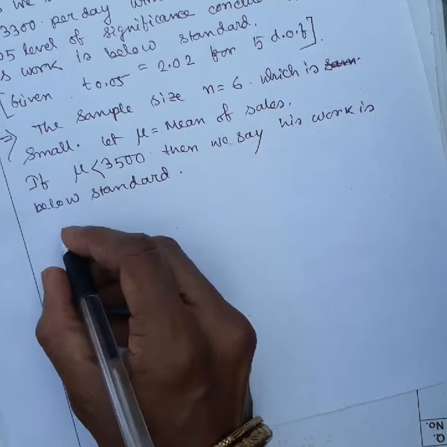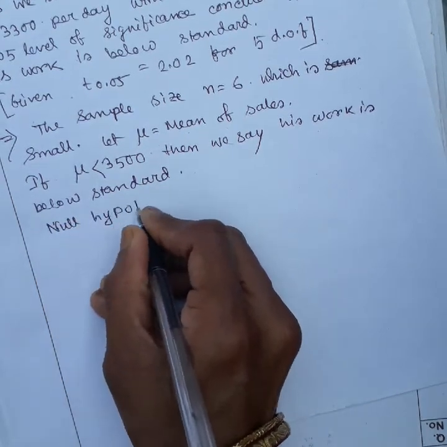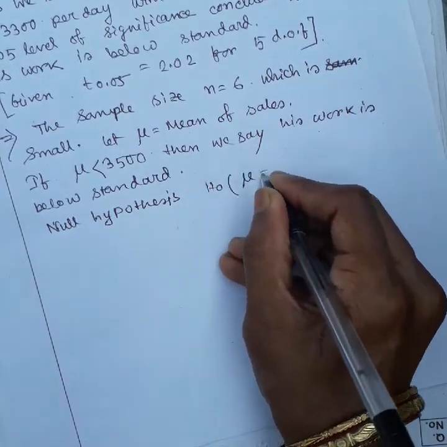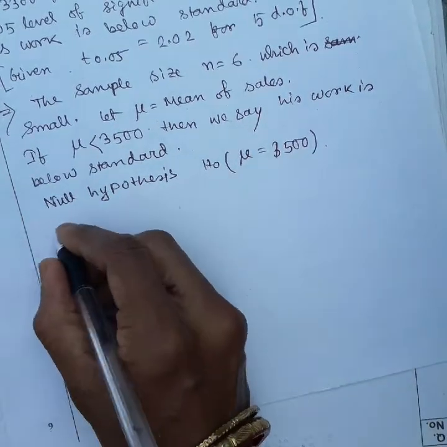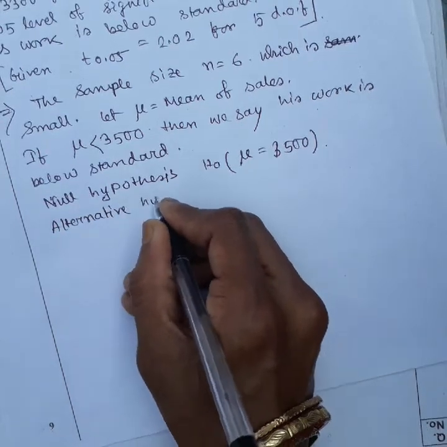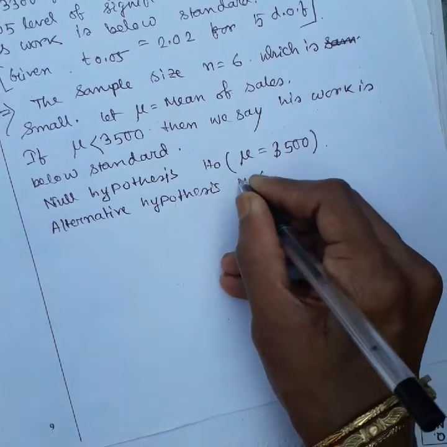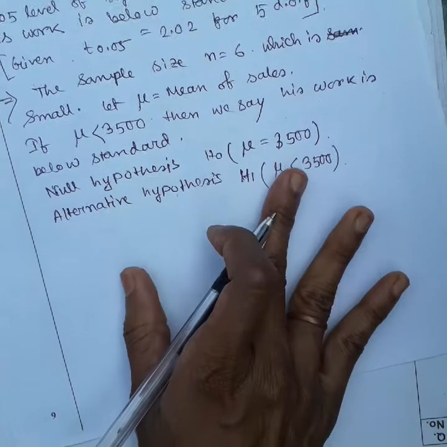That means the null hypothesis H0 is mu equals 3500, and the alternative hypothesis H1 is mu less than 3500.